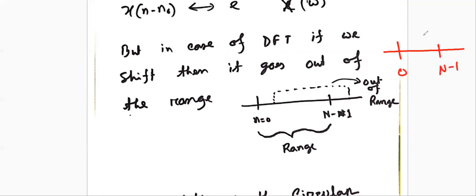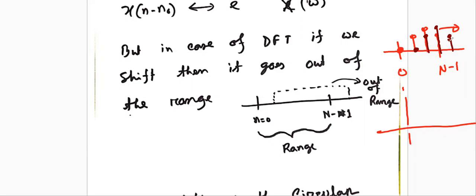If I have some samples here, and I want to shift them in the linear way, they will go out of the range. Maybe after the shifting the signals are shifted like this, and as you can find, it is out of the range. So it is not permissible.